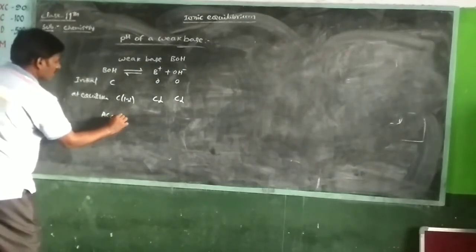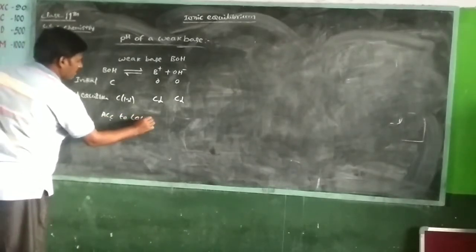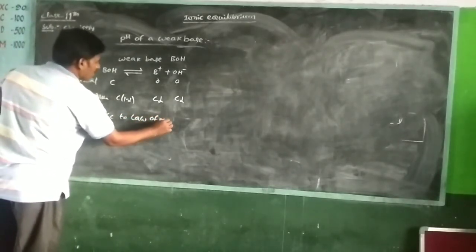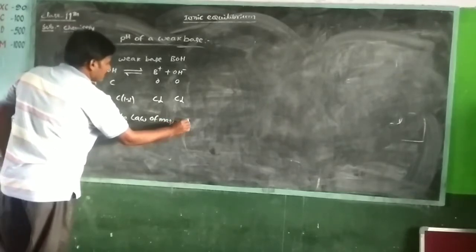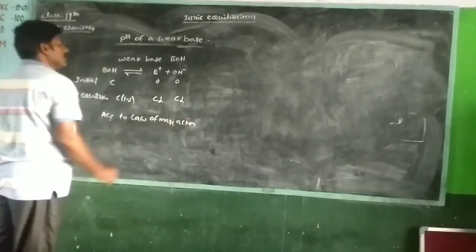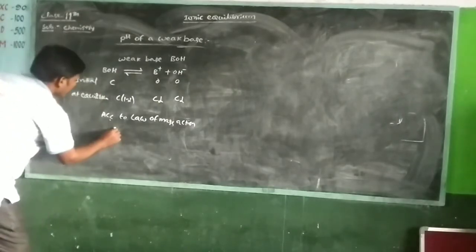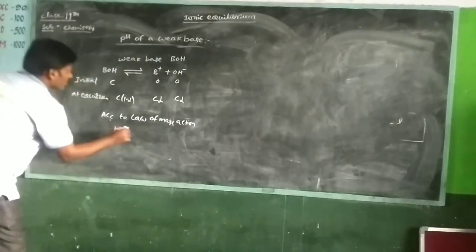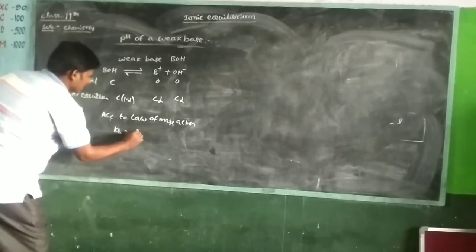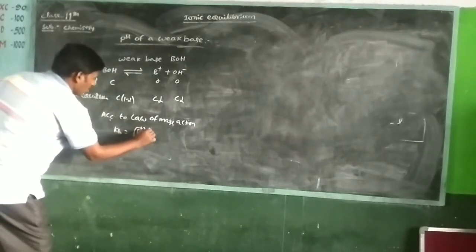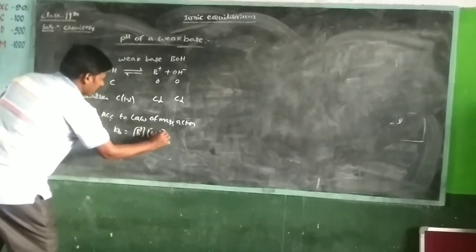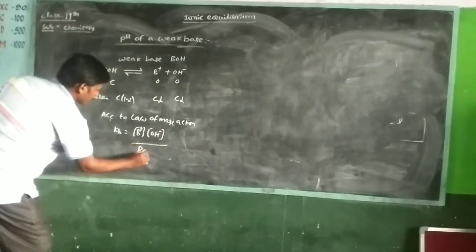According to the law of mass action, already you know that the weak base constant is denoted by Kb. Kb is equal to B plus concentration times OH minus concentration upon BOH concentration.